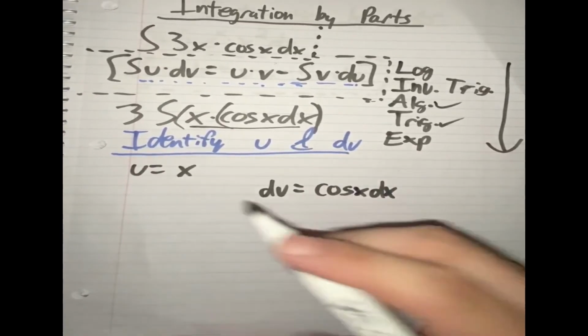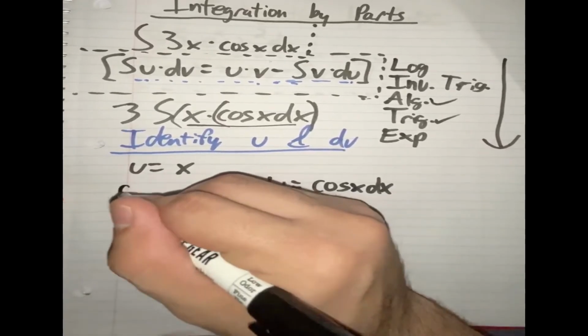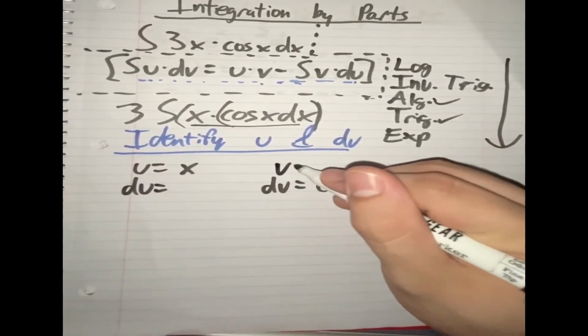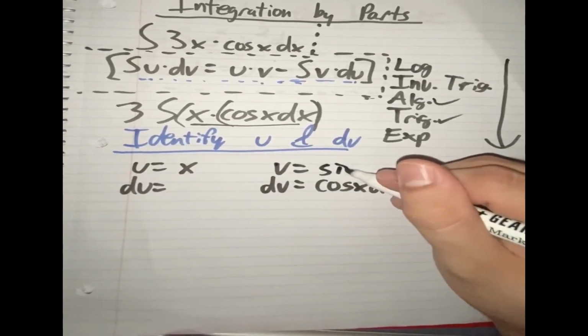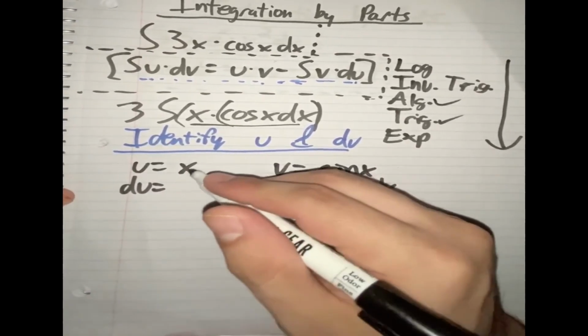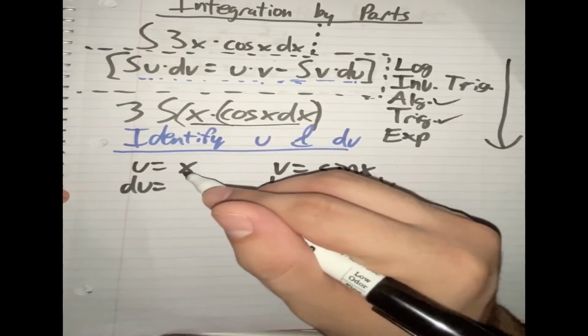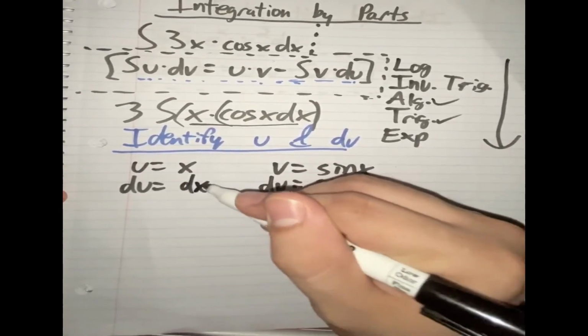Now from this information, we obtain v by integrating cosine of x, which is simply sine of x, and du, which is simply 1 times dx.